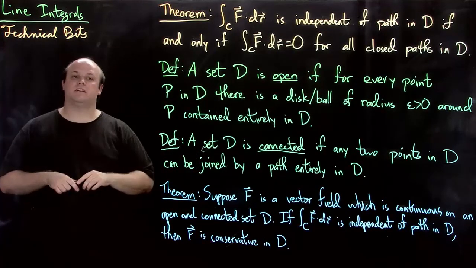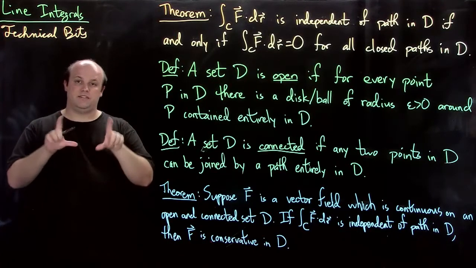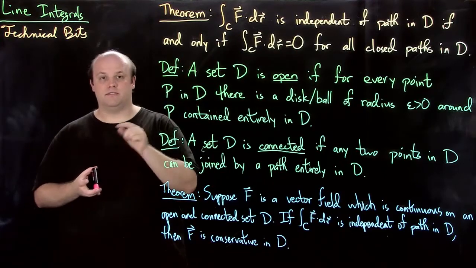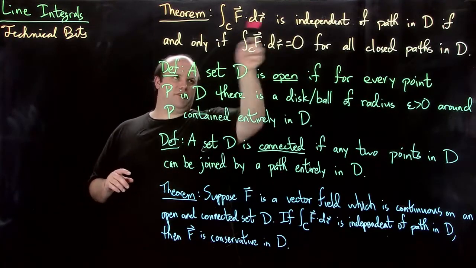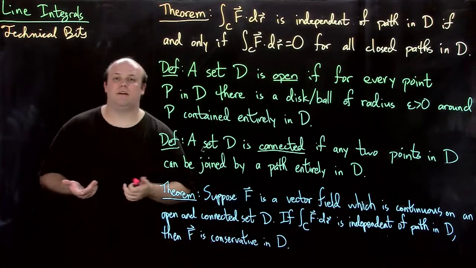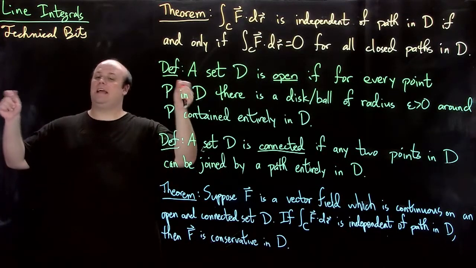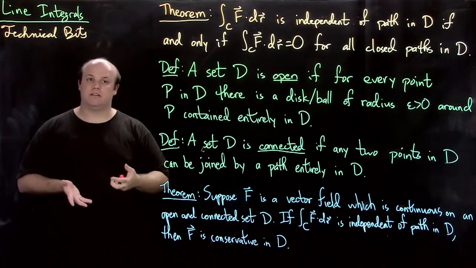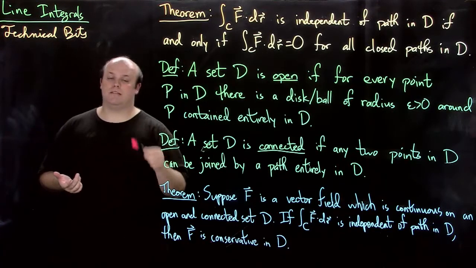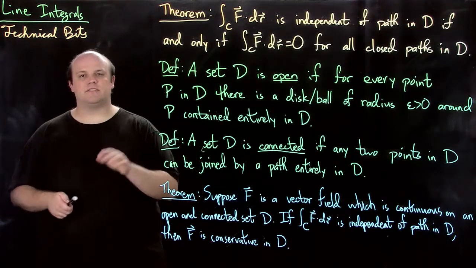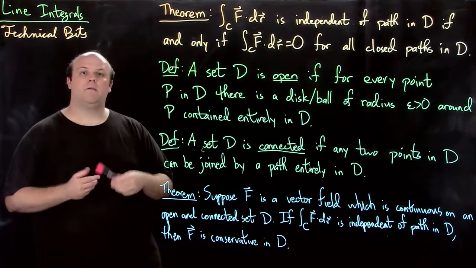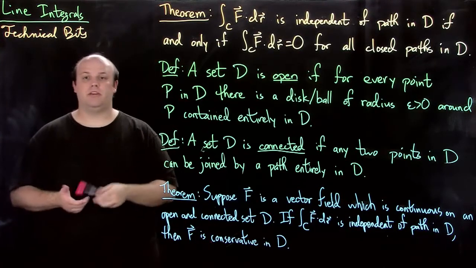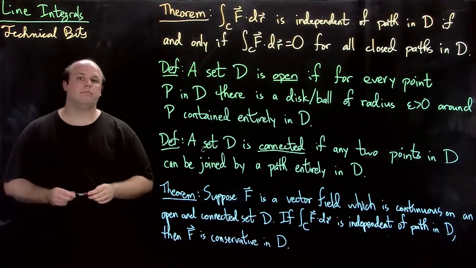You split the closed path into two pieces, two paths from A to B, where A and B are two points you've chosen on the closed path. For the other direction, you start by saying, here are any two paths between a point A and a point B. You can stick them together and make a closed path, so then you know the integral around that should be 0. So that's a little sketch of the ideas. Try on your own to put those together and actually get a proof of this theorem. It's not too bad.